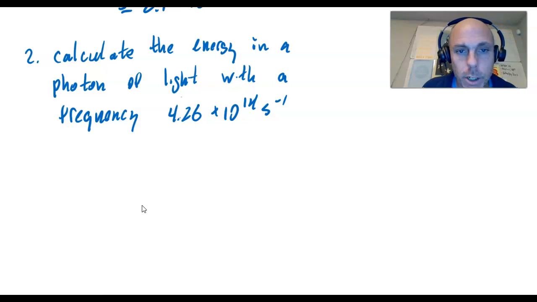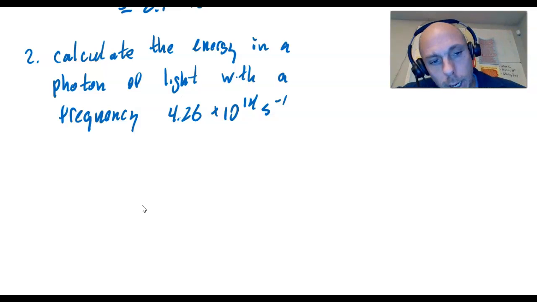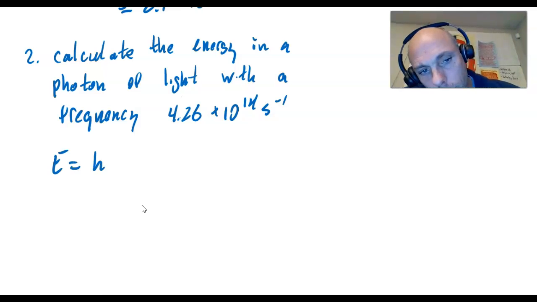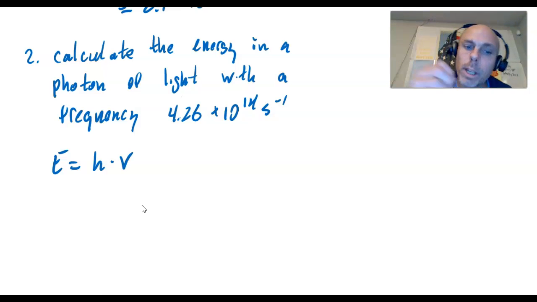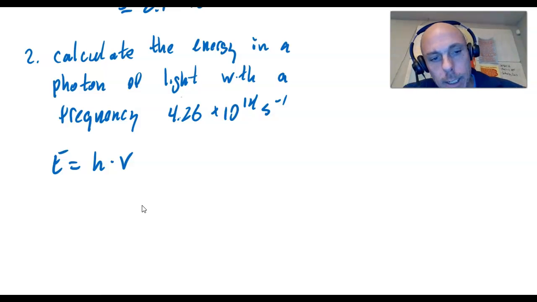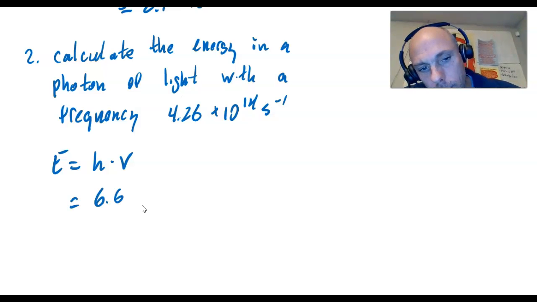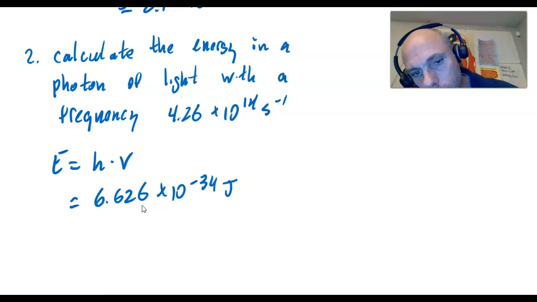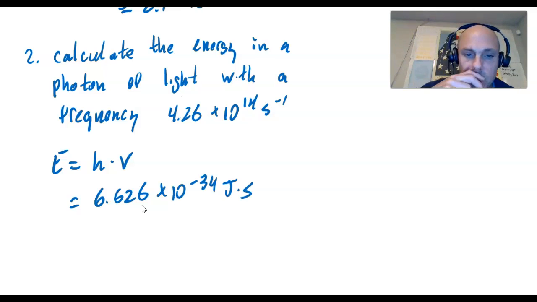All right, energy, frequency. Looks like we're going to have to use that E equals h nu, or E equals hv equation. h, remember, is a constant, Planck's constant. So that is 6.626 times 10 to the minus 34 joules times seconds. Did I mention that's my favorite constant?